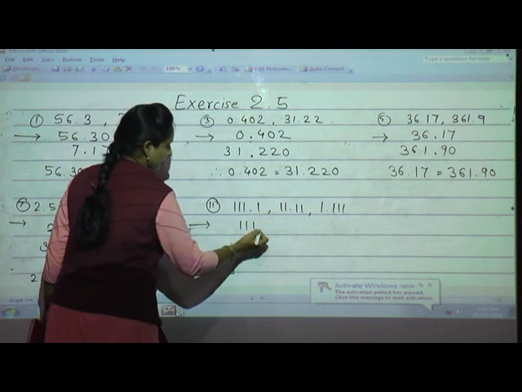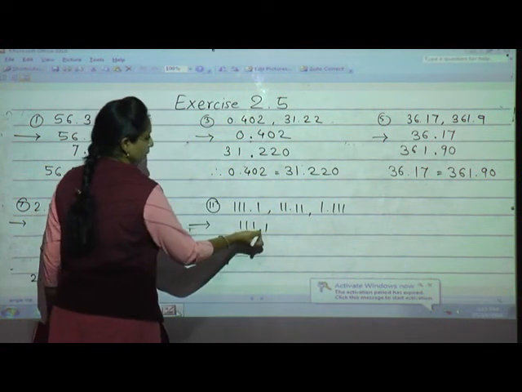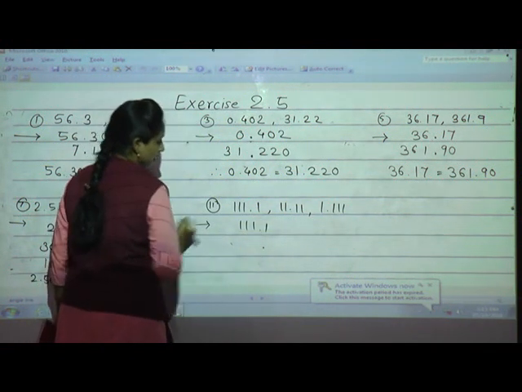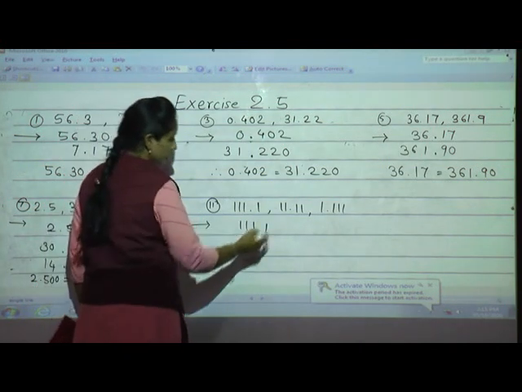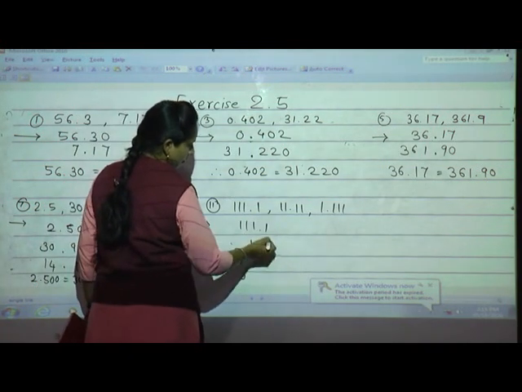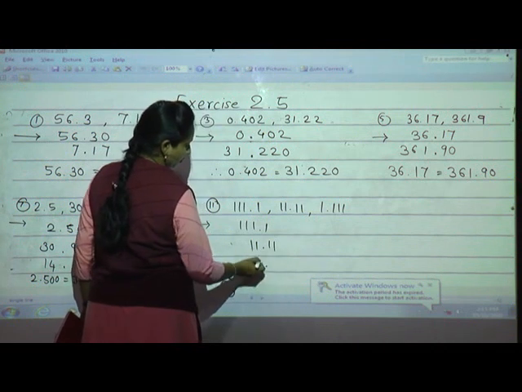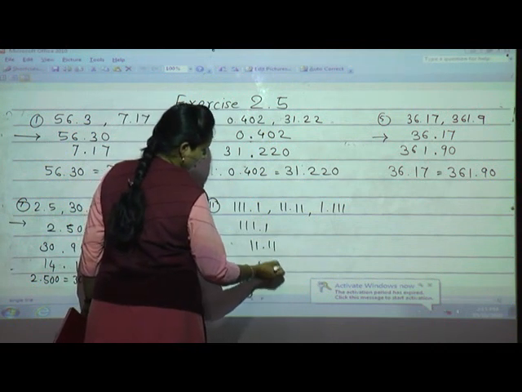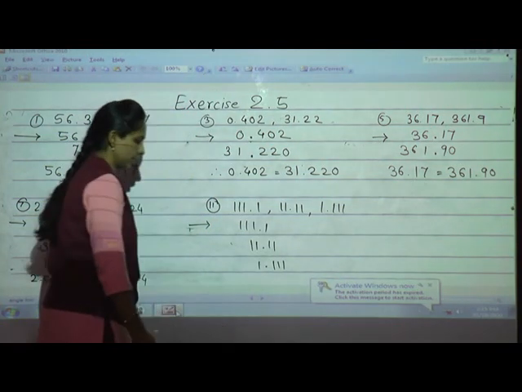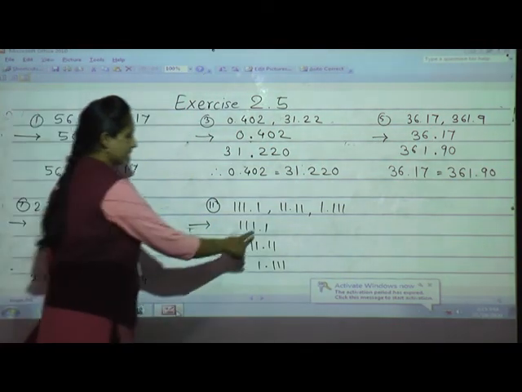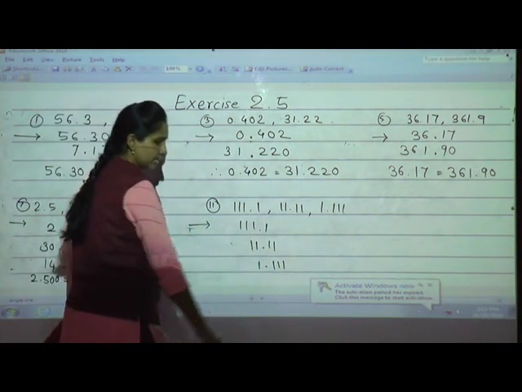Write first number below, give the decimal, then before decimal 11, after decimal 11. Now next again give the decimal point before decimal 1, after decimal 111. Now 1 decimal place, 2 decimal place, 3 decimal place.